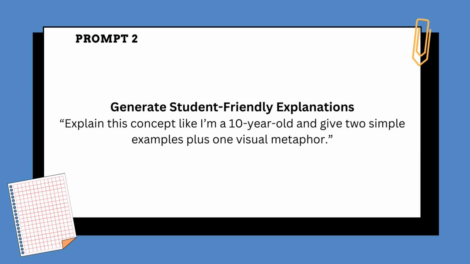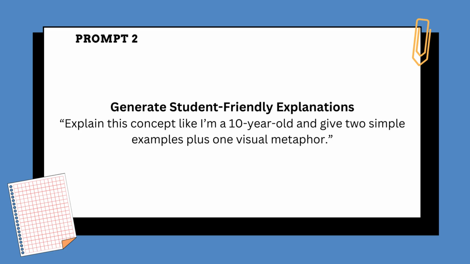Prompt number 2, generate student friendly explanations. Explain this concept like I'm a 10-year-old and give 2 simple examples plus 1 visual metaphor. This type of prompt is perfect for complex science or math topics. You can always change the age range.